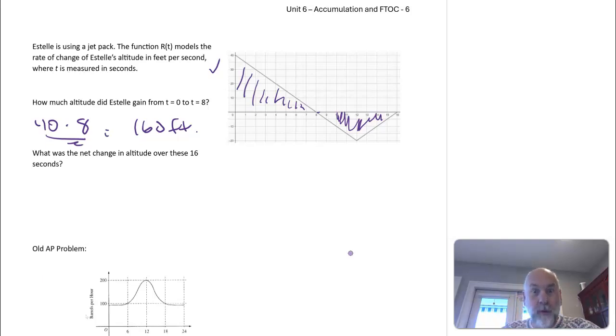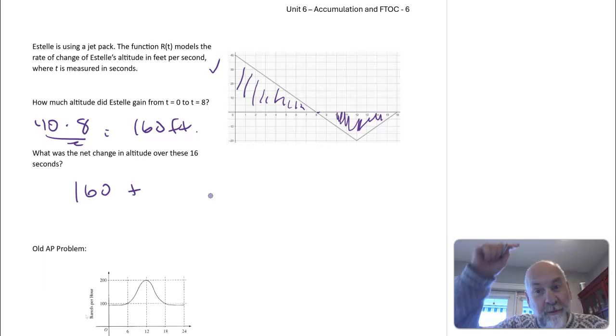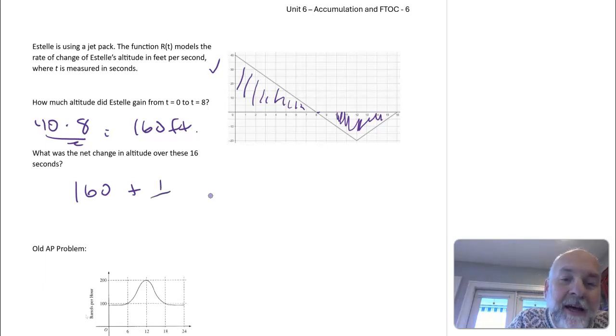So if you're negative, we're going above, and this is going to stand for a loss of height because her velocity is negative. So the net change in altitude, well, she went up 160 feet in the beginning, but then she started moving down for a little bit, and it's 1/2 times the base, which is still 8, times the height here, which is only a negative 20.